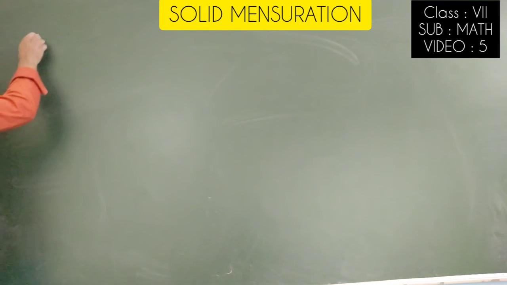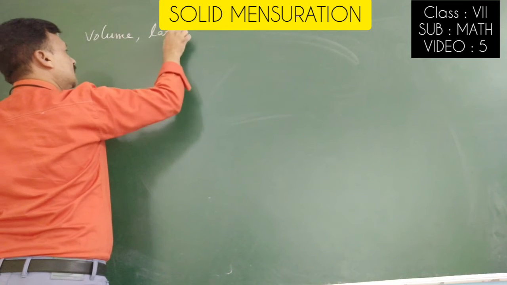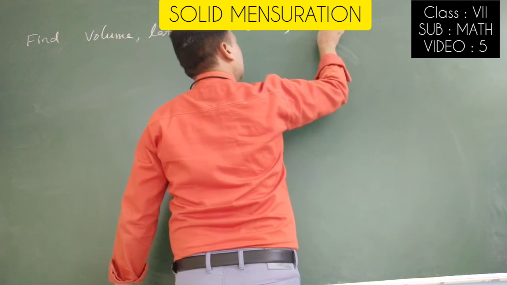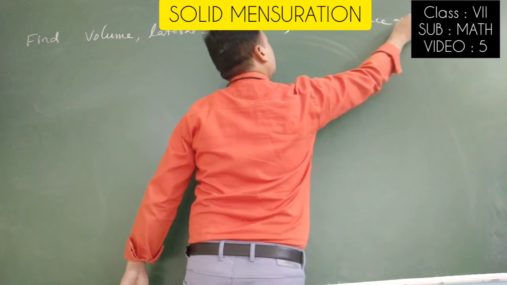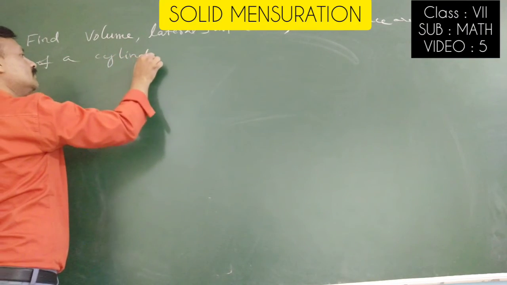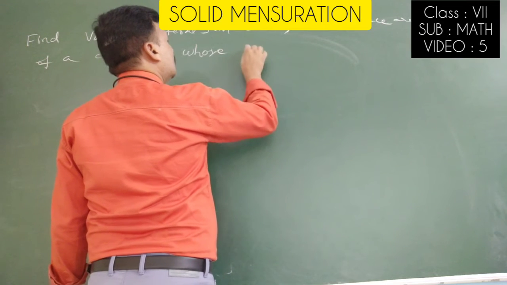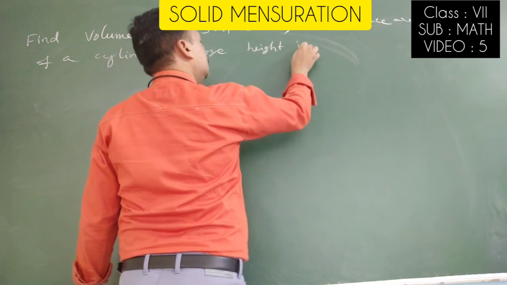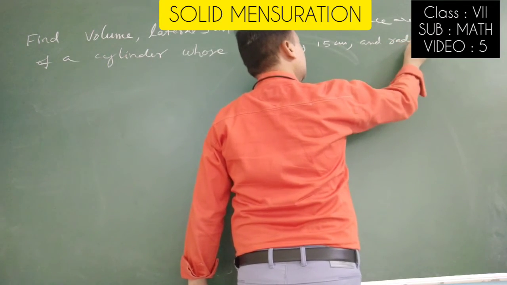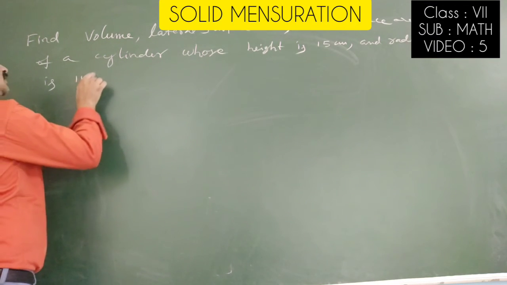Now find the volume, lateral surface area, and total surface area of a cylinder whose height is 15 centimeters and base radius is 14 centimeters.